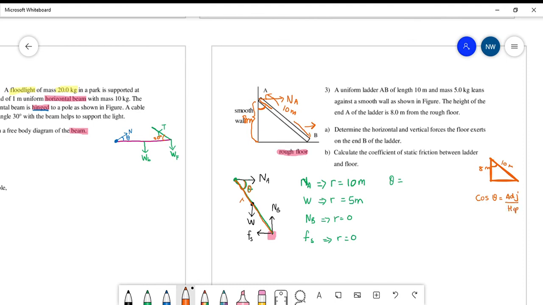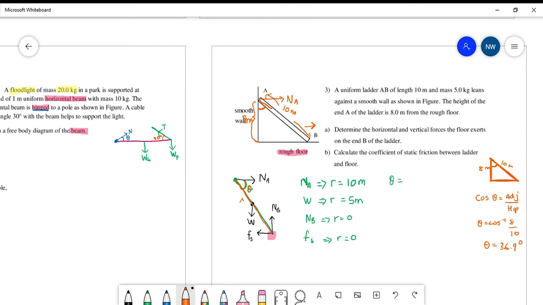Right. So theta would be equals to inverse cos of 8 divided by 10. So akan dapat angle dia sama dengan 36.9 degree.